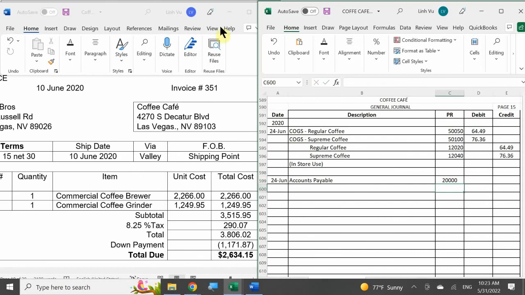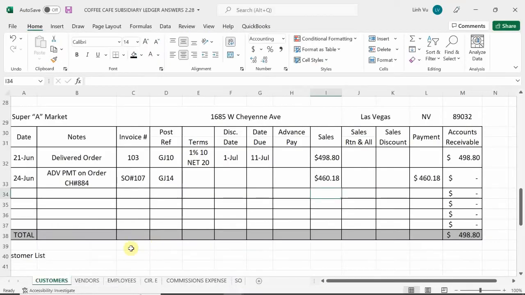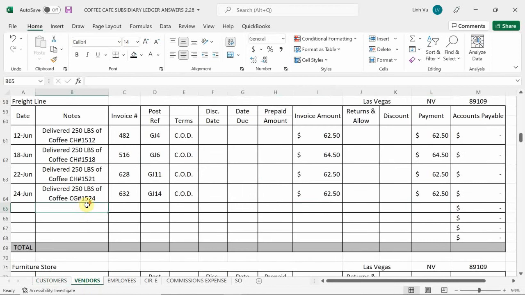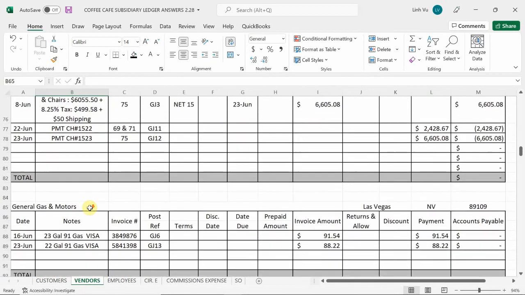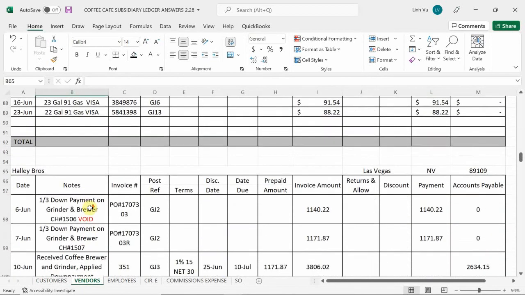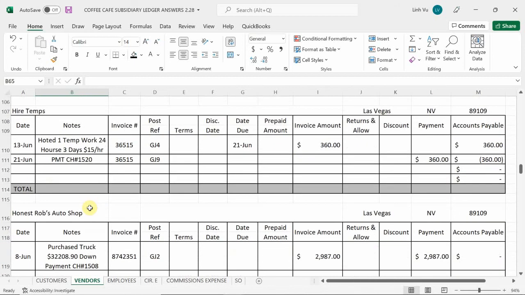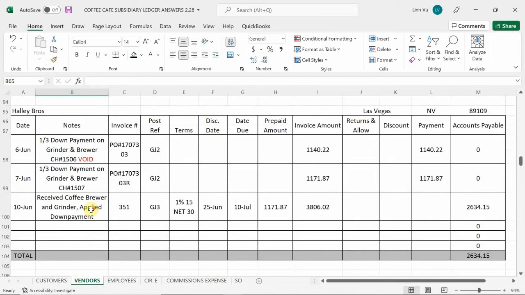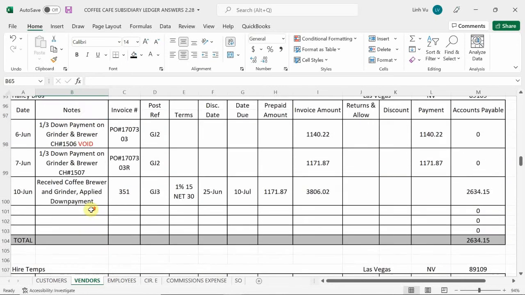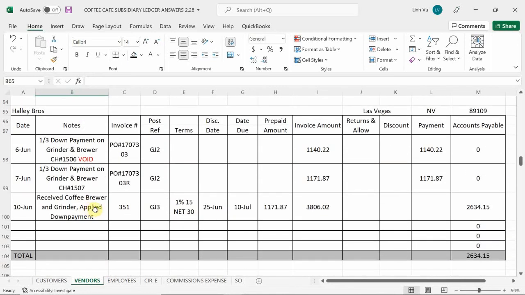Okay? So let's take a look at my subsidiary ledger for this. Right here. Hallie Bros, right?